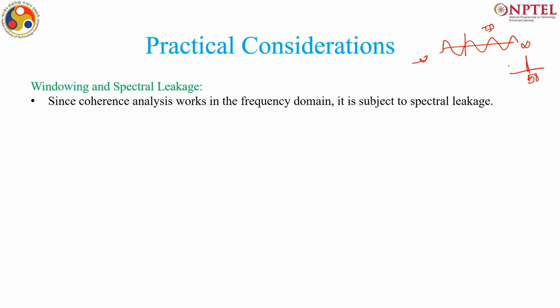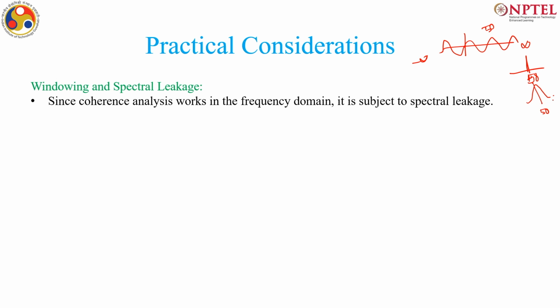Looking at just the positive half, I should get a peak at 50. But in a real estimate in our digital hardware, we get a lobe like this around 50, which means that the peak which should be only at 50 is spread out around this region.